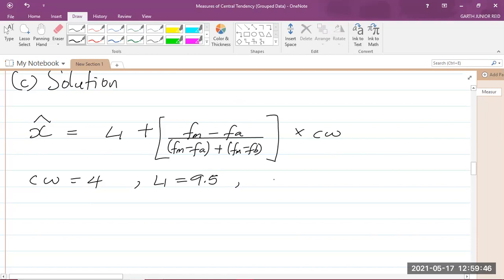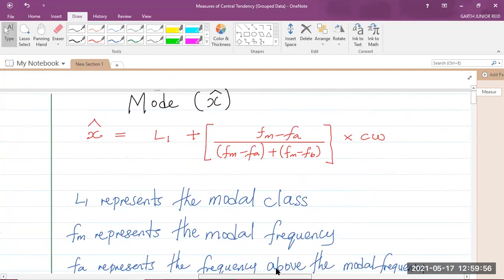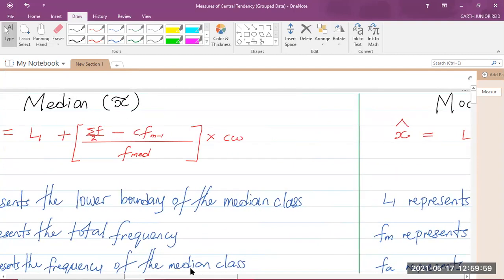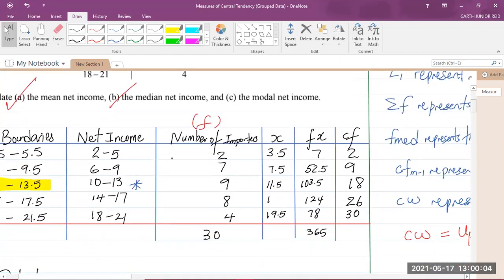Let us find Fm. What does Fm represent? Fm represents the modal frequency. So we look in our table for the modal frequency. Since this interval is the modal class, the frequency of the mode is equal to 9.